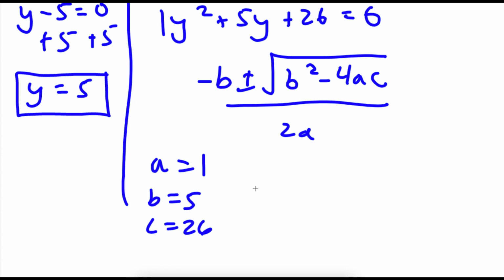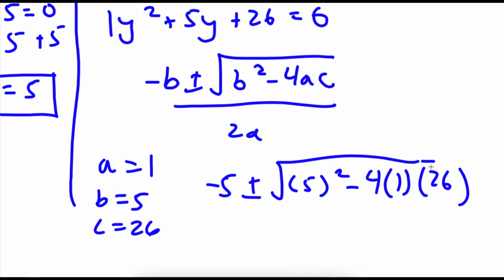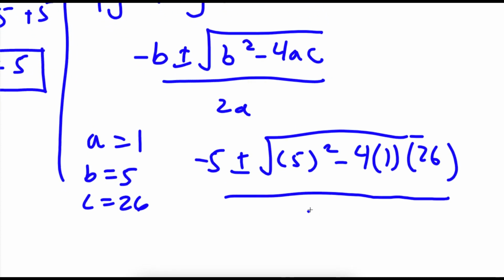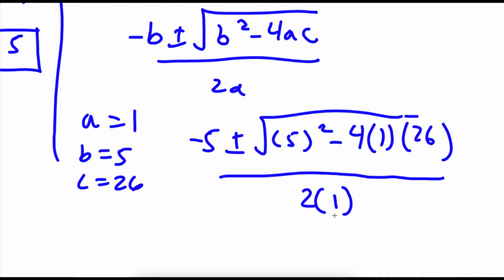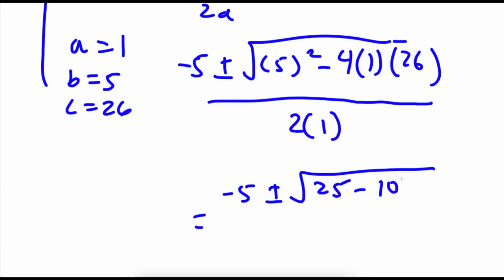So now I have negative b, so negative 5, plus or minus the square root of b squared, so 5 squared, minus 4 times a, which is 1, times c, which is 26, and we are dividing this by 2a, which is 2 times 1. Now this is equal to negative 5 plus or minus the square root of 5 squared is 25, minus 4 times 26, that is going to be 104, all over 2 times 1, which is 2.